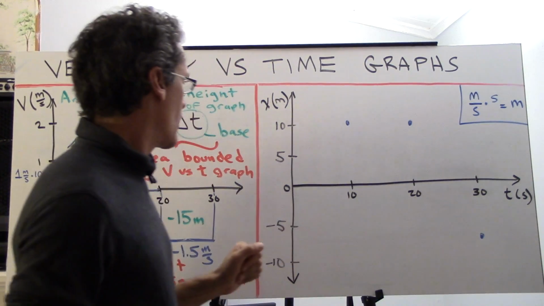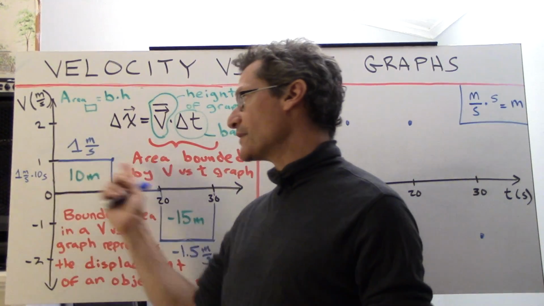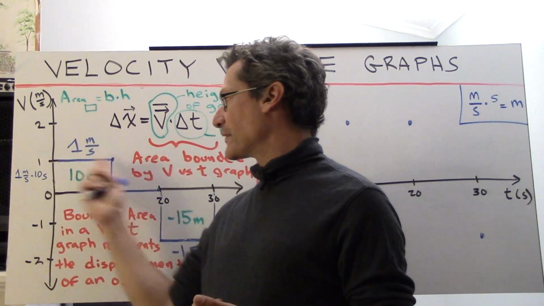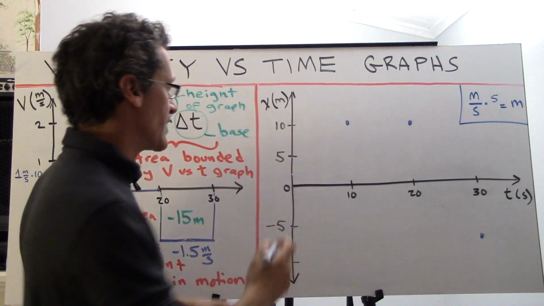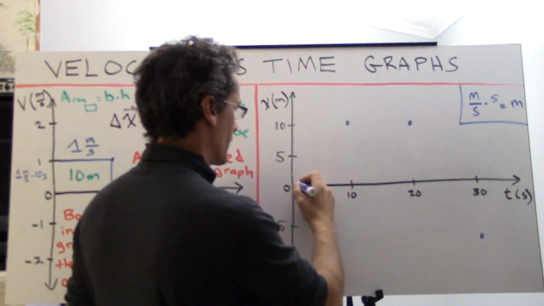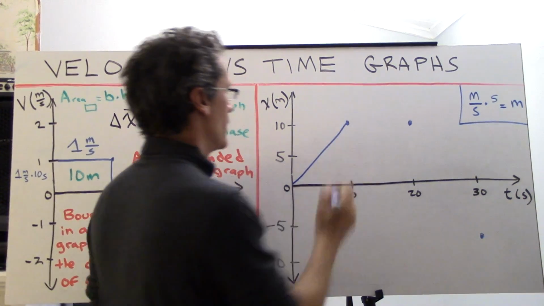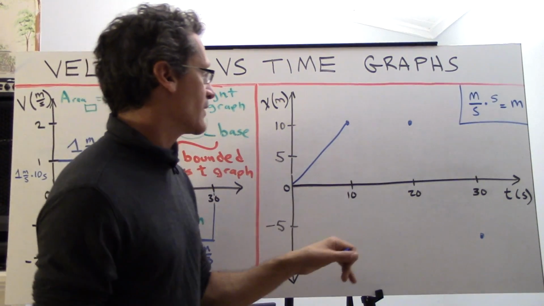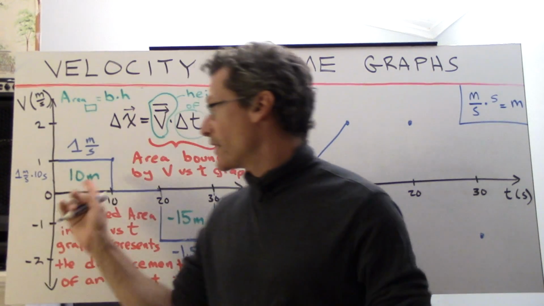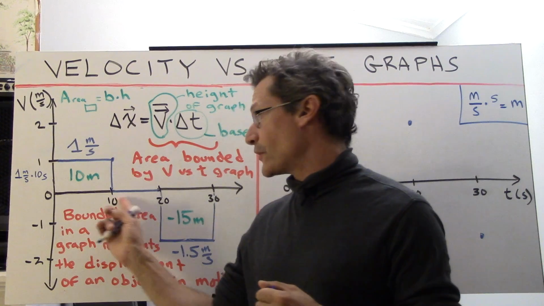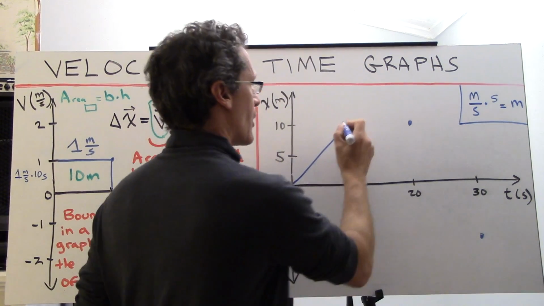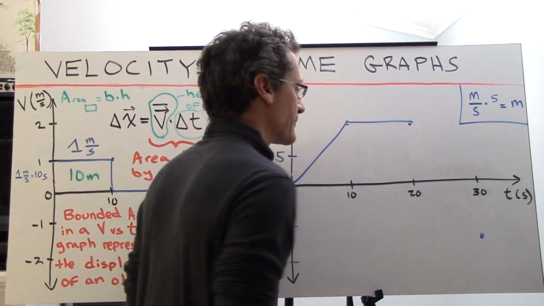Because this is a constant velocity, since it stays the same from 0 to 10 seconds, we can draw this as a straight line from the origin to this position at 10 meters. This is a constant slope, that would be a constant velocity. We have no velocity from 10 to 20 seconds, so we maintain position like that.